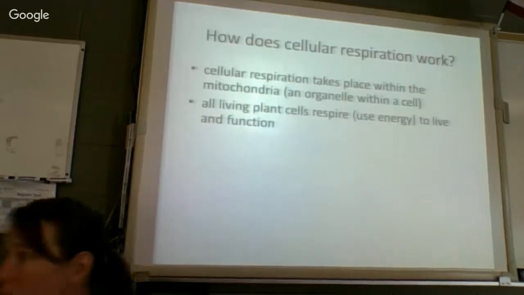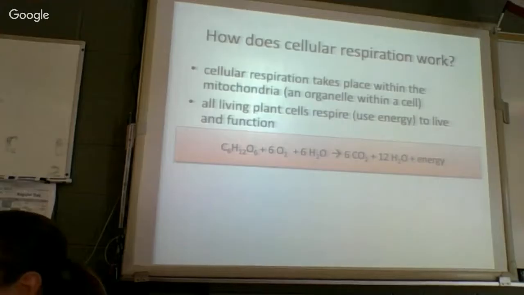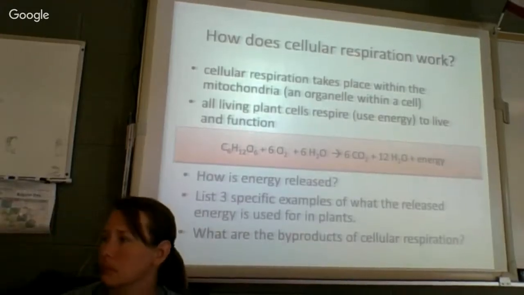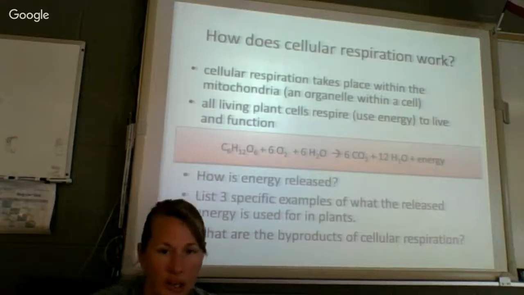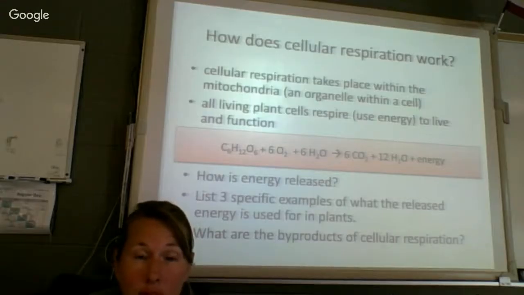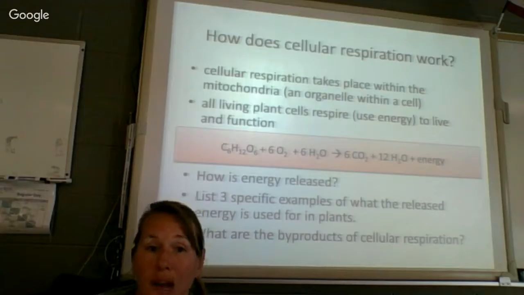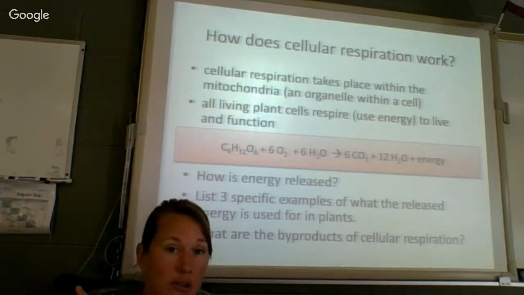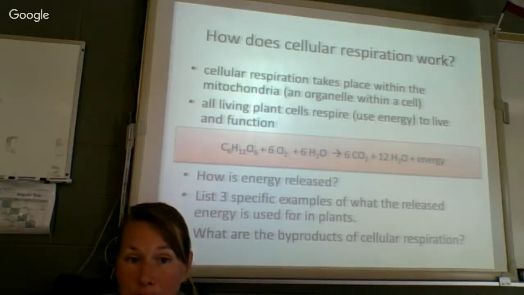Cellular respiration happens within an organelle called the mitochondria. It takes place within this organelle that is present in both animal and plant cells. And all living cells respire, in order to use energy and live.